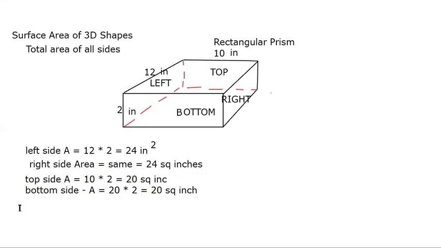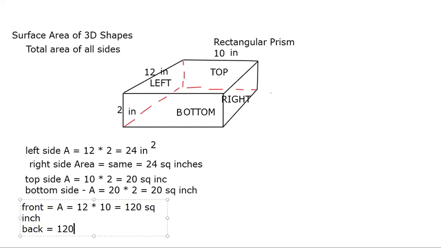And the front and the back. The front of the cereal box is also a rectangle. The area equals 12 times 10, which equals 120 square inches. The back, same, 120 square inches.